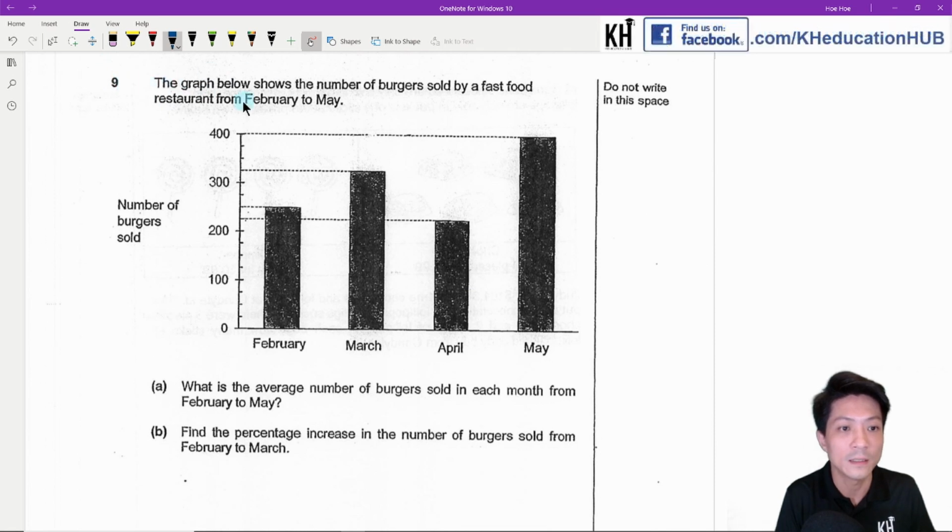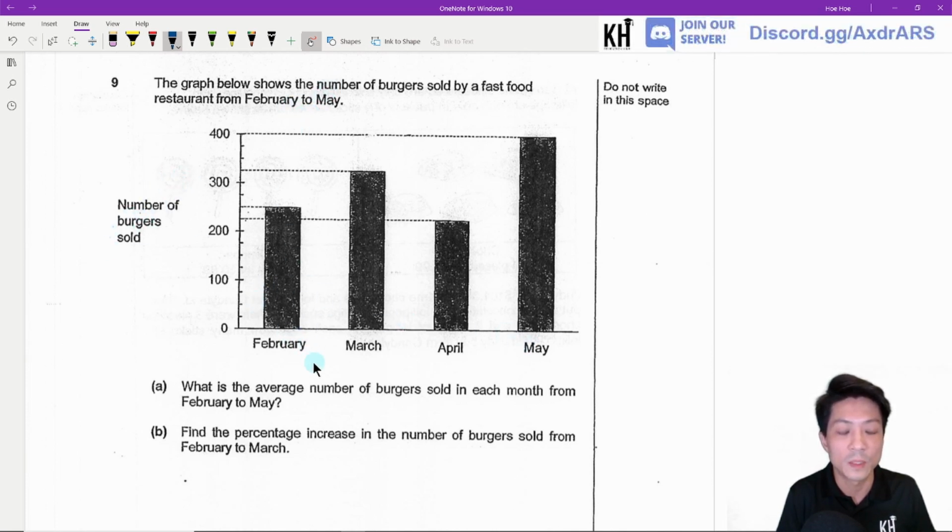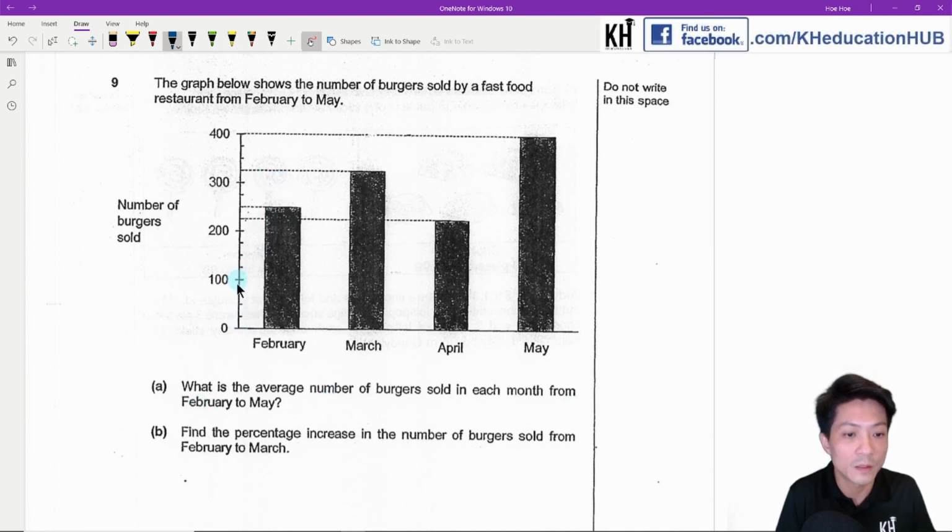Question 9. The graph below shows the number of burgers sold by a fast food restaurant from February to May. Number of burgers sold and the 4 months, February, March, April, May. What is the average number of burgers sold in each month from February to May? So I'm going to figure out one gap will be 25.